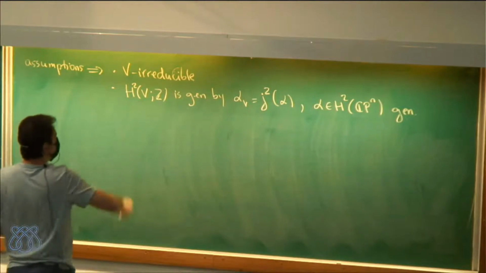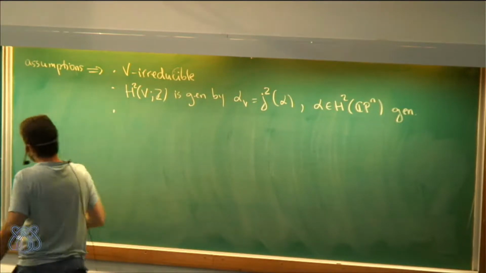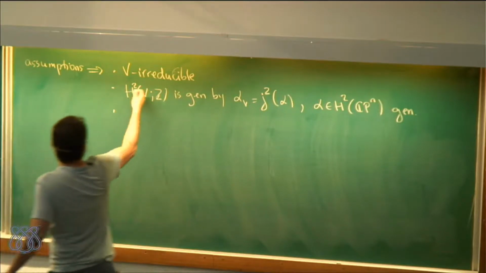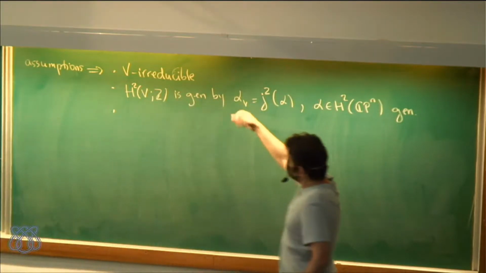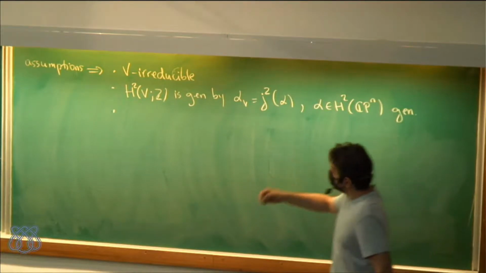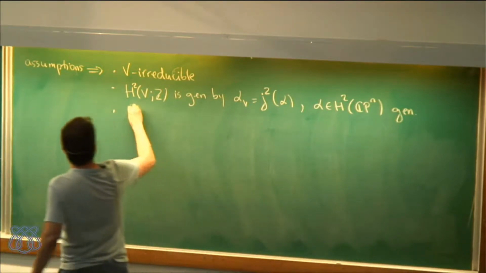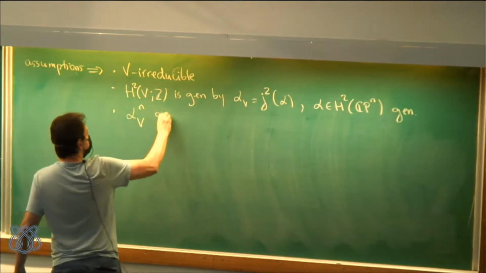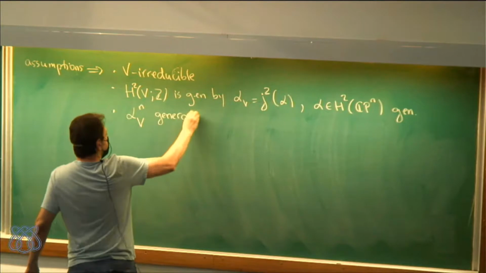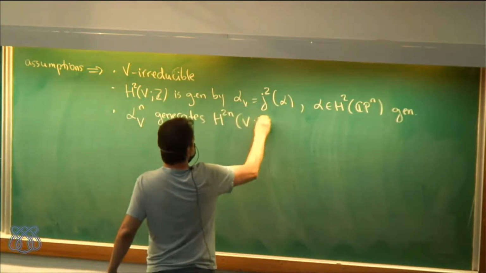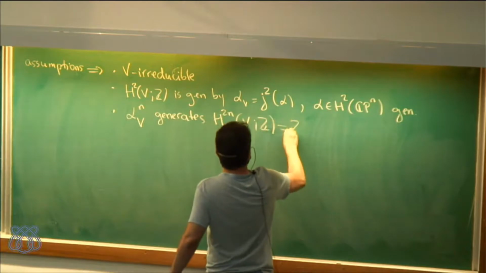Since I have the same Z cohomology as CPN, the powers of this alpha V generate the even cohomologies of V. So in particular, alpha V to the N generates H2N of V, which we now know is Z, right?